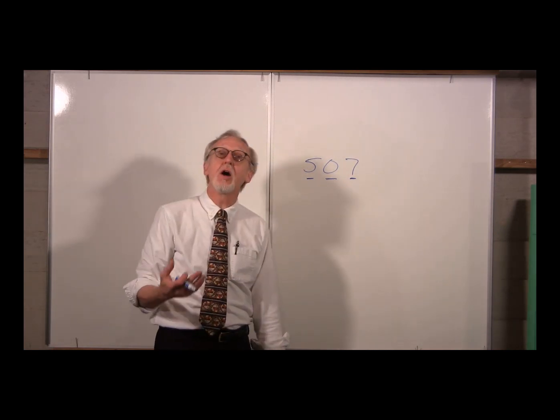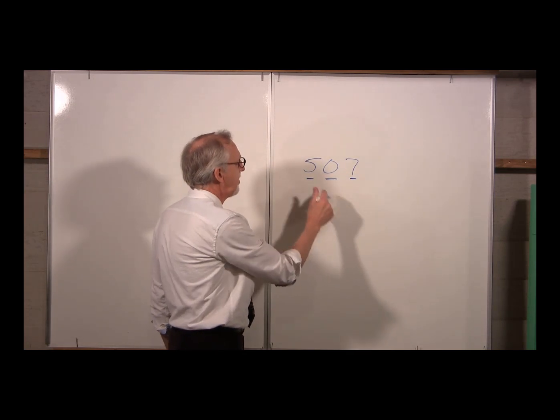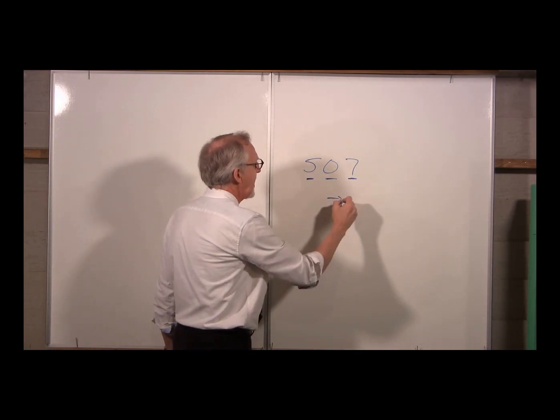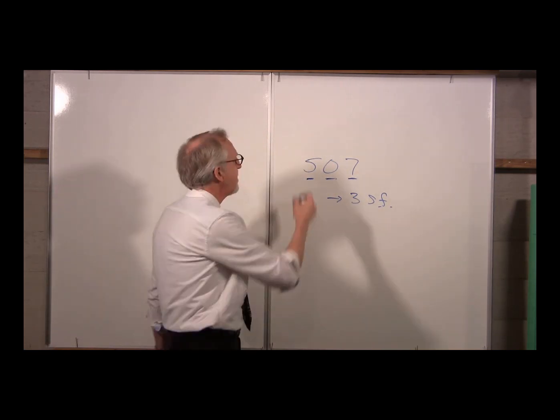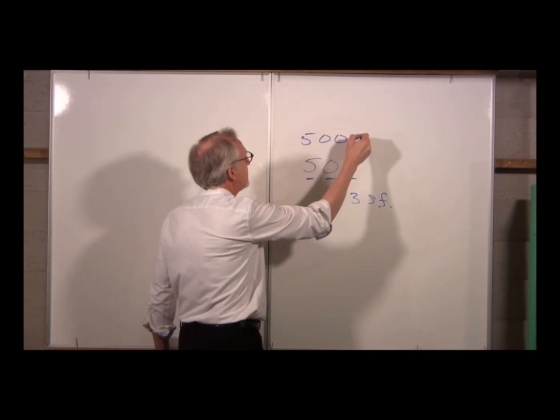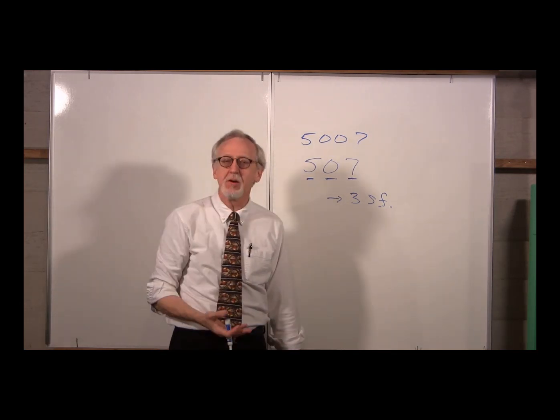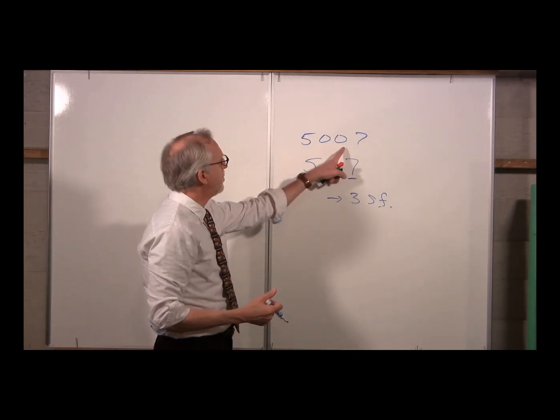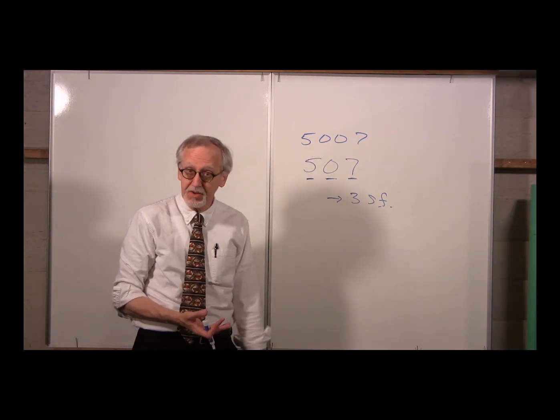Sandwiched zeros are always significant. So, 507, 1, 2, 3, that has 3 sig figs. And it doesn't matter if you have more than 1 zero. 5007, both of those zeros are sandwiched. Those would both be significant. 1, 2, 3, 4. That would have 4 significant figures.